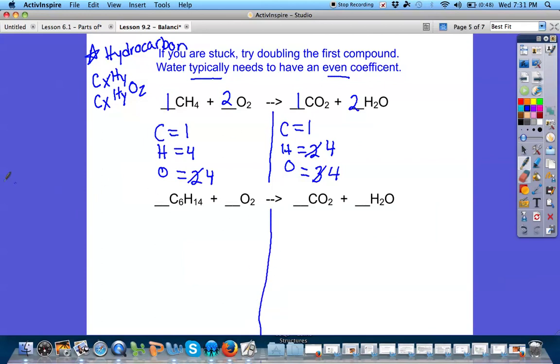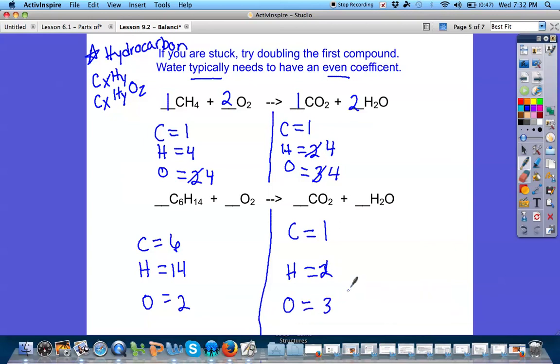In our next chemical equation, again, we have carbon, hydrogen, and oxygen. In our reactants, we have 6 carbon, 14 hydrogen, and 2 oxygen. In our products, we have 1 carbon, 2 hydrogen, and 3 oxygen.